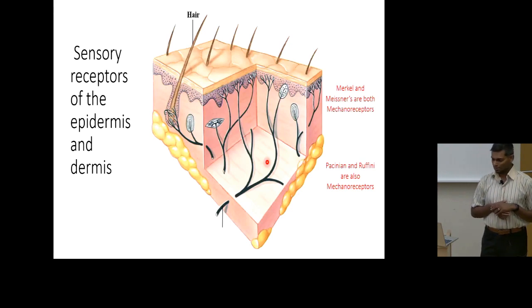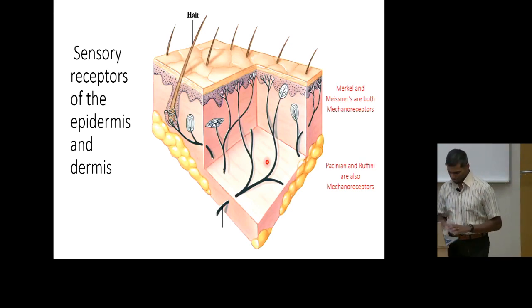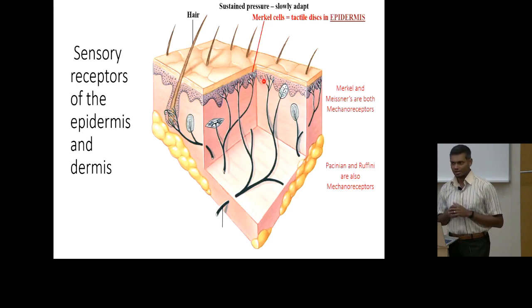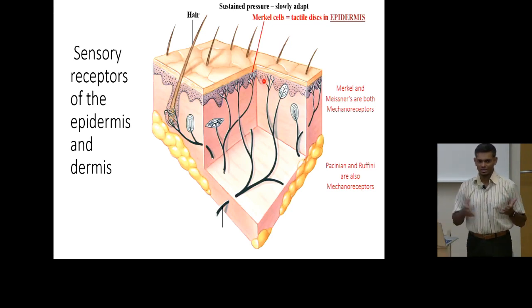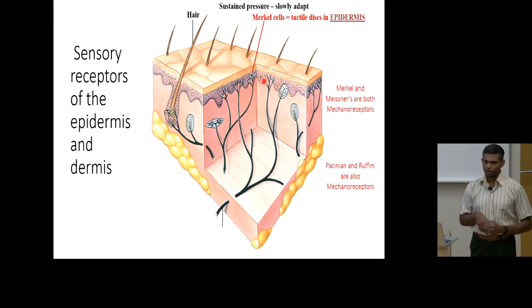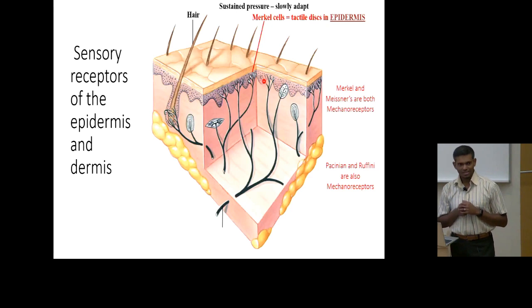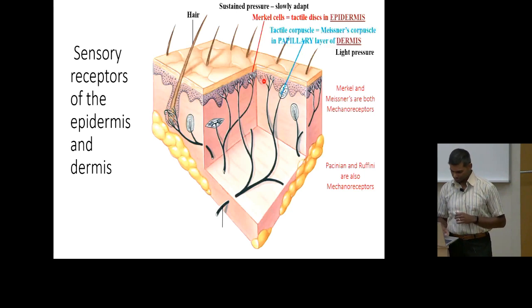So now let's talk about the different types of sensory receptors. We start with the Merkel cells, which are the only type of tactile receptors in the epidermis, and this can detect sustained pressure. So if you were to press your skin for a few seconds, then it's detected by your Merkel cells, because they take a while to adapt to the external environment, and so it can detect that slow pressure which is applied to your skin.